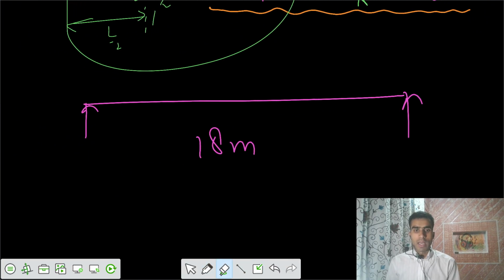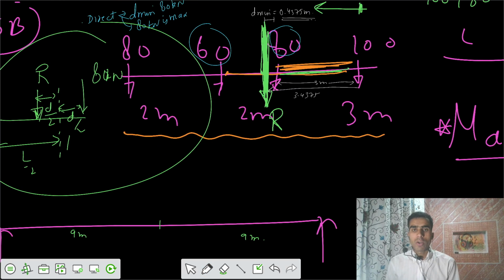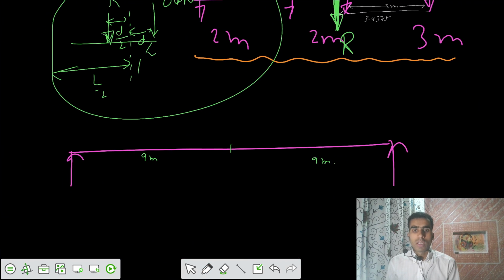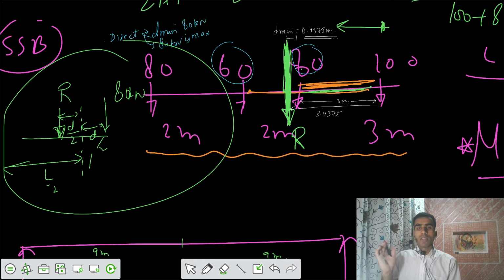Let's say our beam is this, and this is midspan, 9 meter. Now we have that critical load of 80 kilonewton, and the resultant is on the left side of that 80 kilonewton. That means the resultant is on this side and the load is on this side, so the 80 kilonewton has to be placed here, and resultant is there.